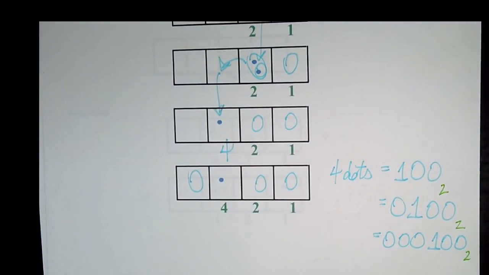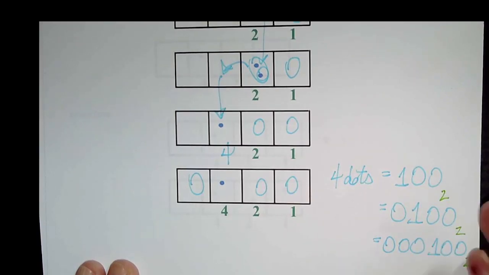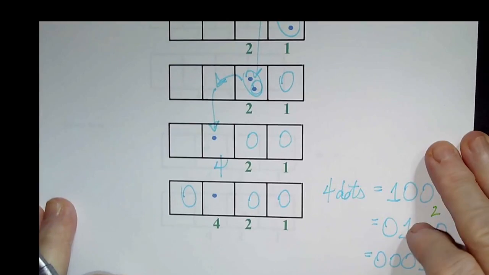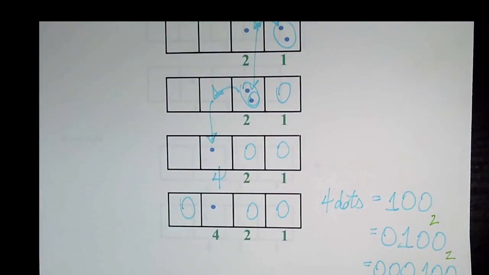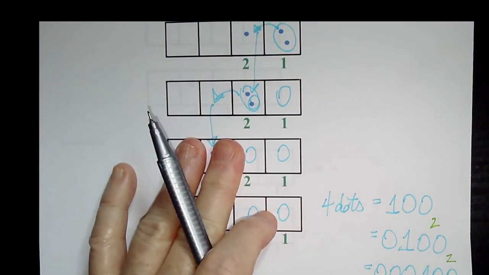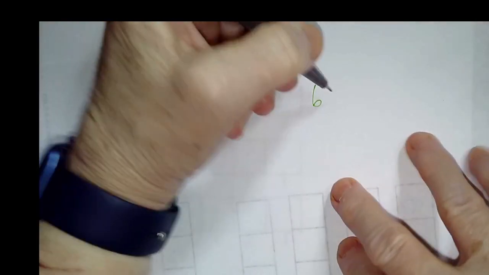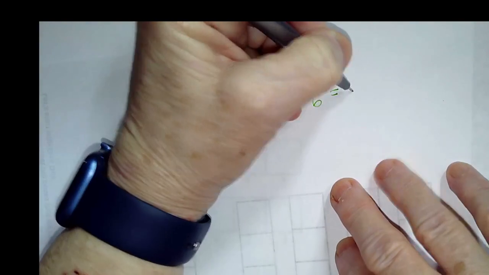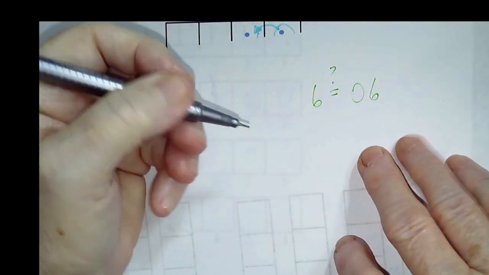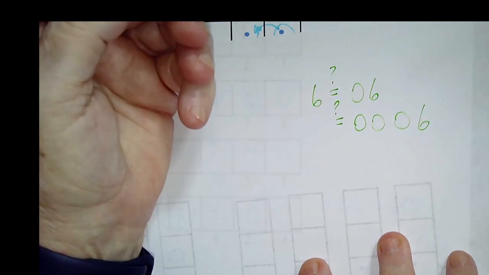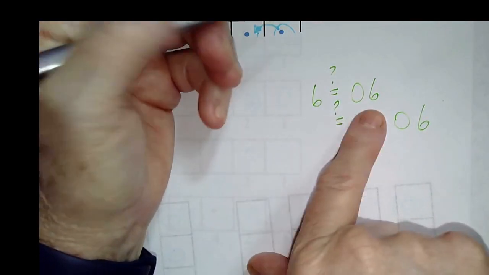And just for comparison's sake, let's think of a number in base 10. What about the number 6? So I've got the number 6. Is 6 the same as 0, 6? And is 6 also the same as 0, 0, 0, 6? Are those the same? And yeah, of course they are.